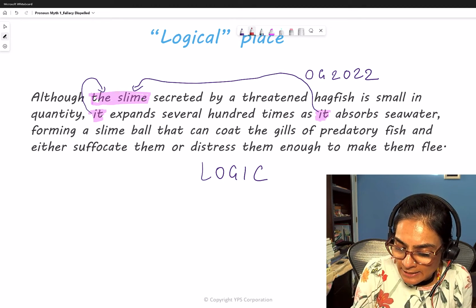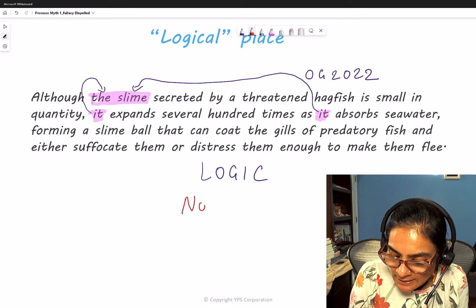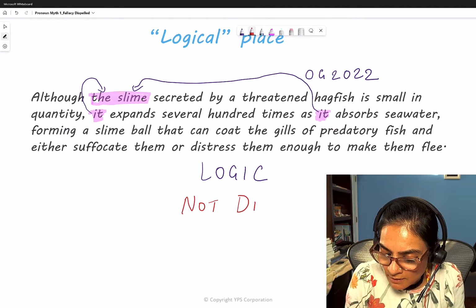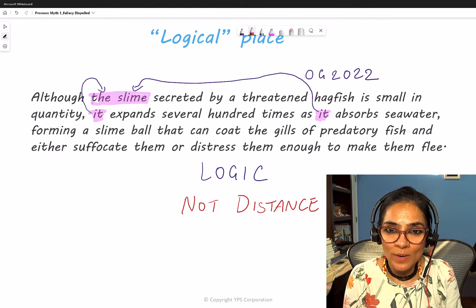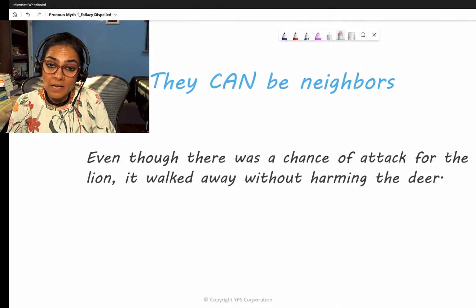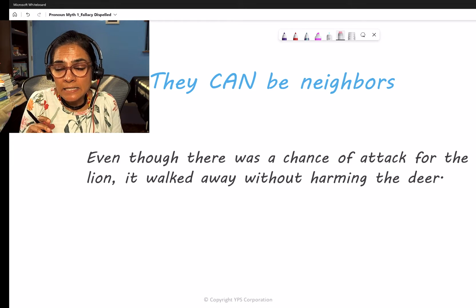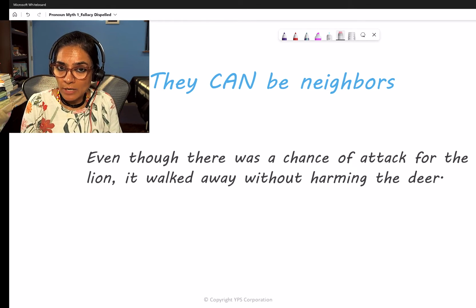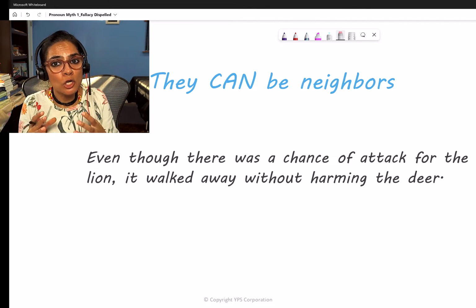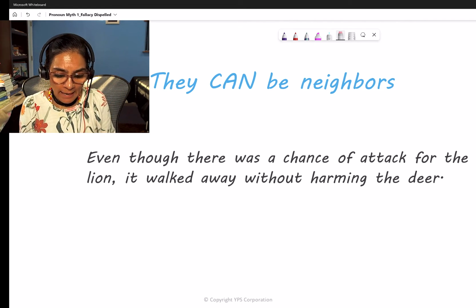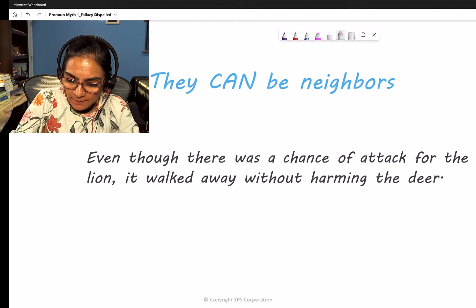Again, it is not the distance that affects the pronoun reference in any which way. Now, because the distance does not interfere with the pronoun reference, an antecedent can be closer to its pronoun. For example, let's see this sentence.